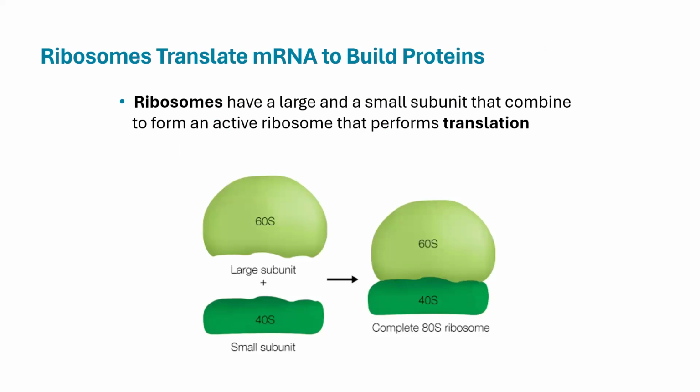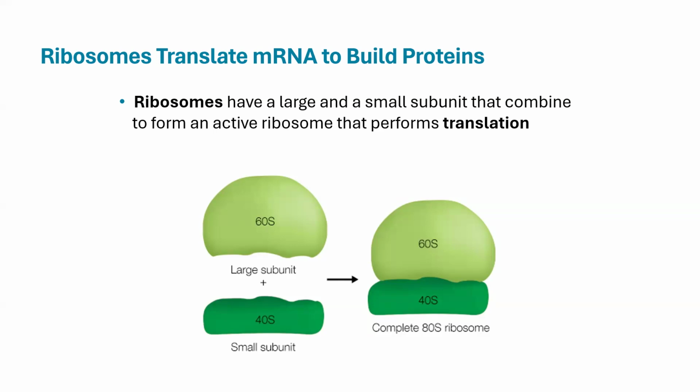So to start off with translation, we must have the ribosome. The ribosome is a protein that builds proteins, essentially. Ribosomes have both a large and small subunit. They are inactive by themselves, but when you put them together, you get your complete ribosome.